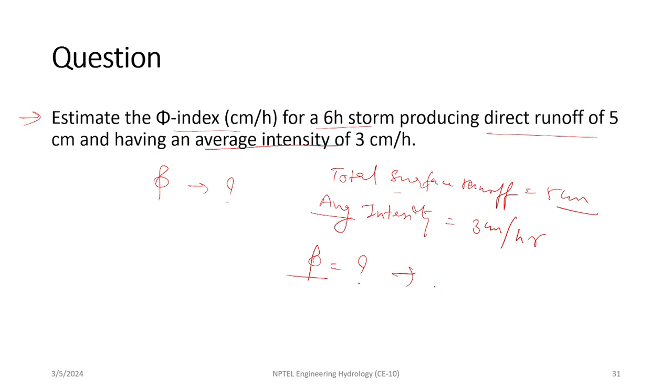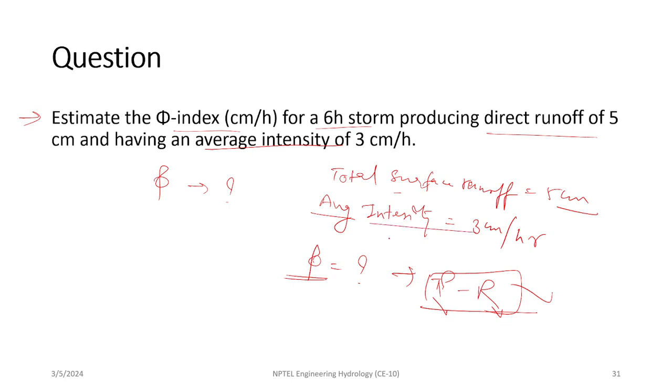If we are able to evaluate the total rainfall volume and the runoff volume, the difference, and the duration of the rainfall, we can get the phi index. Exactly, ma'am, you are right. So with the total rainfall that has occurred and the total surface runoff depth, if we have an idea about these two parameters, we can directly compute this value.